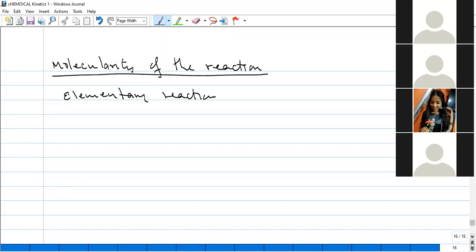A reaction that takes place in one step, that occurs in a single step and cannot be further broken down, is called an elementary reaction.